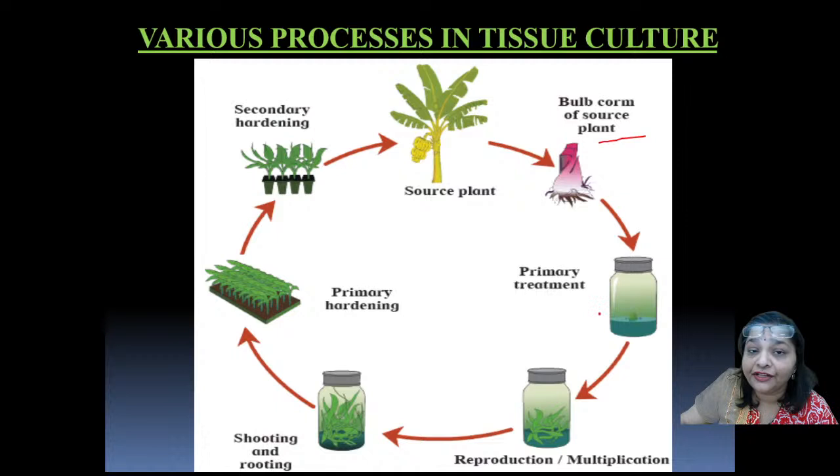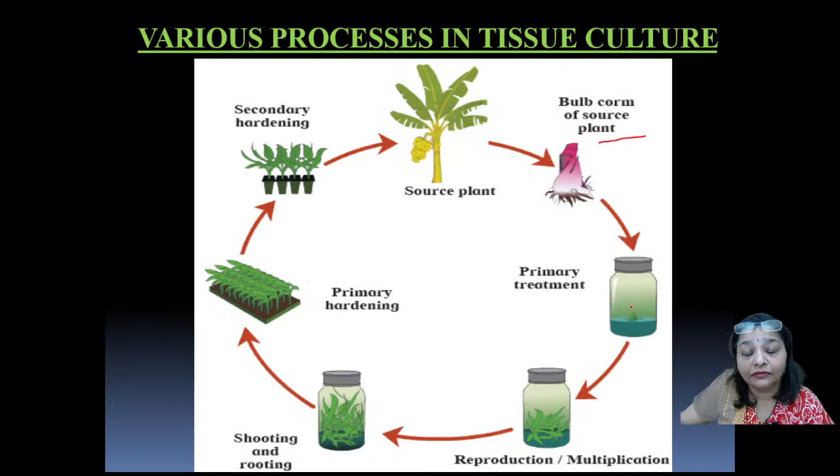So the aseptic conditions can be maintained in the lab using certain sterilization procedures, of course using certain chemical vapors or UV light rays, where that particular region in which we are going to inoculate the explant in the germ-free nutrient agar medium will be made aseptic, so that no microorganisms contaminate this particular environment in which the explant is inoculated.